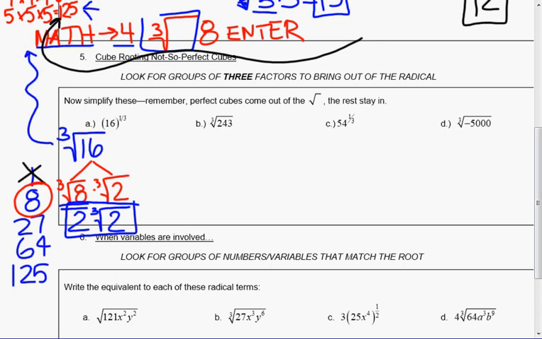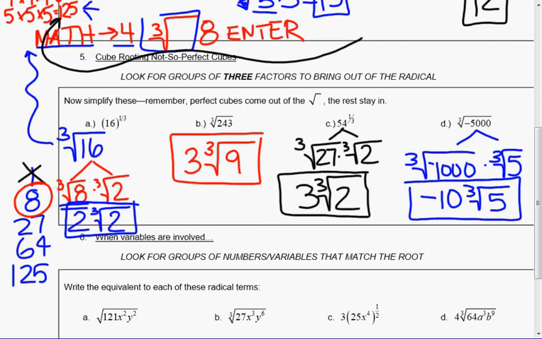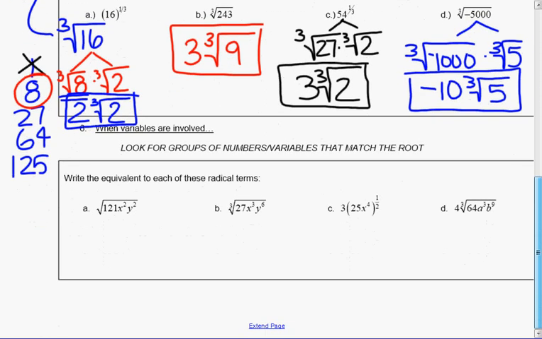Make sure you pause the video, and then when you hit play again, you will see all the answers pop up on the screen. All right, so now you just press play. You can see that the answers for B through D are there. Make sure you check your work. If you have any questions, bring them to class tomorrow, and we can discuss them to make sure that you understand how we got those answers.